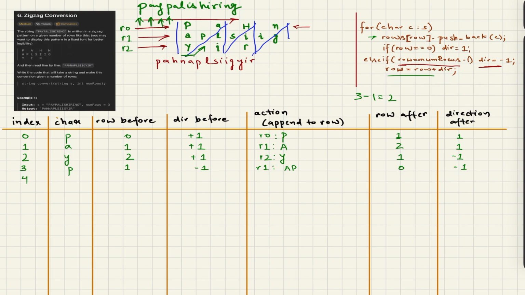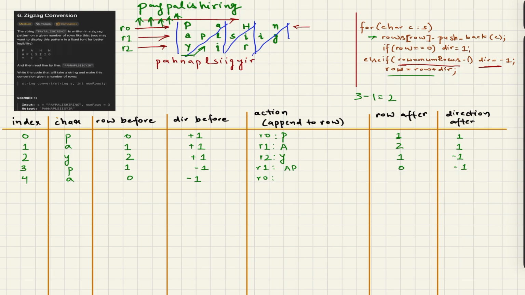Now I come here, the character in hand is A again, the row from my previous operation is 0, and the direction from the previous operation is -1. Now I will append it like this.